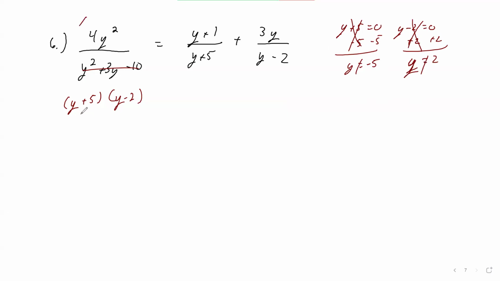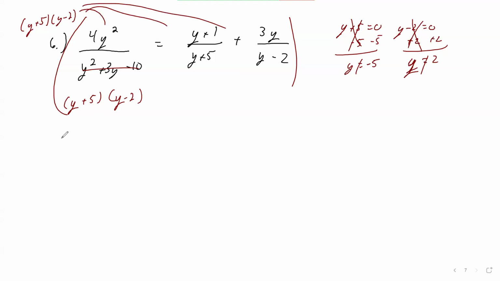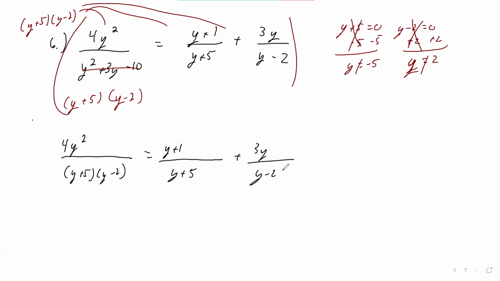Now I'm ready to determine what I'm going to multiply by. And again, I'm going to start with the things that I said equal to 0. So that's going to be y plus 5 and y minus 2. And I'm going to do it to each one. So this becomes, let me write this. 4y squared over y plus 5, y minus 2 equals y plus 1 over y plus 5 plus 3y over y minus 2.